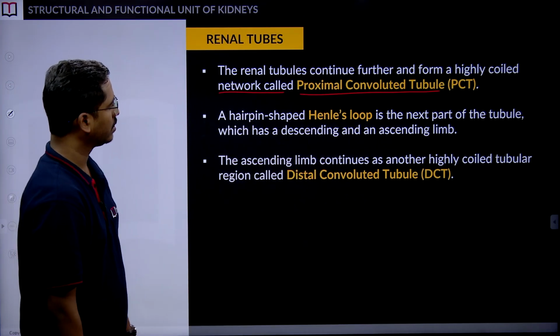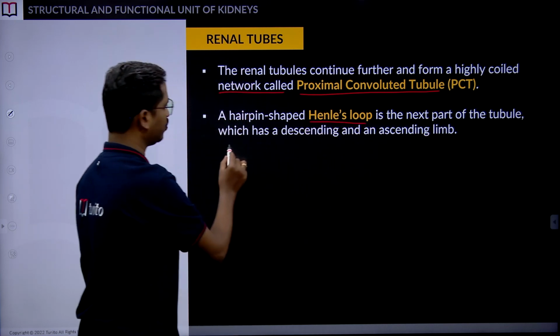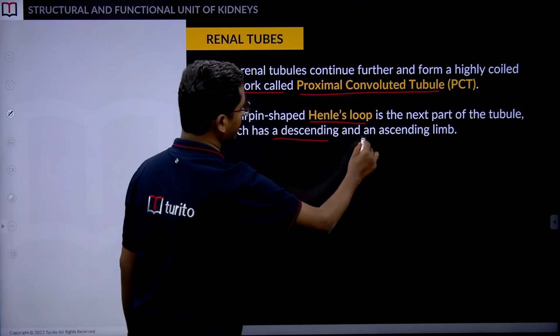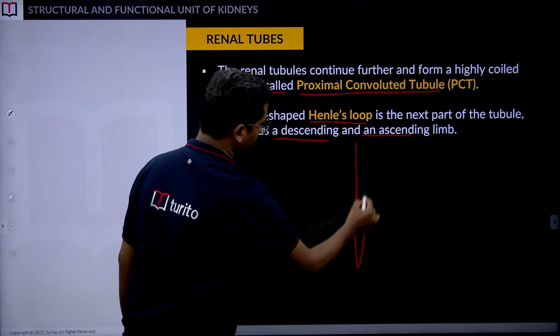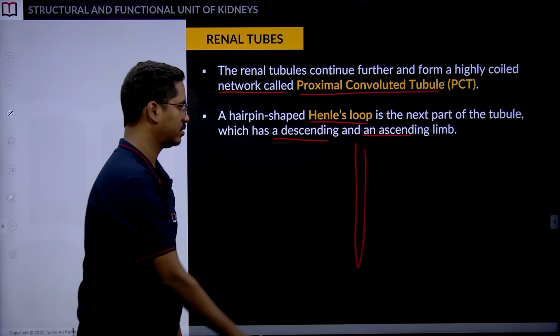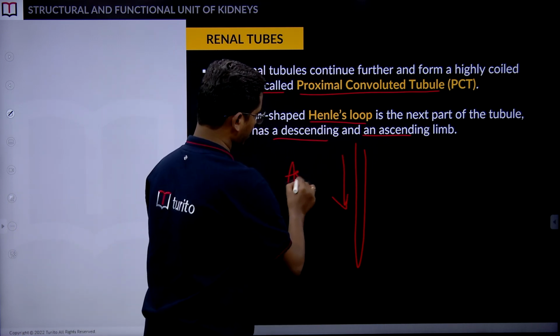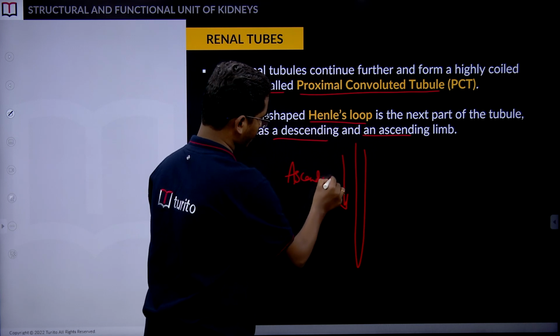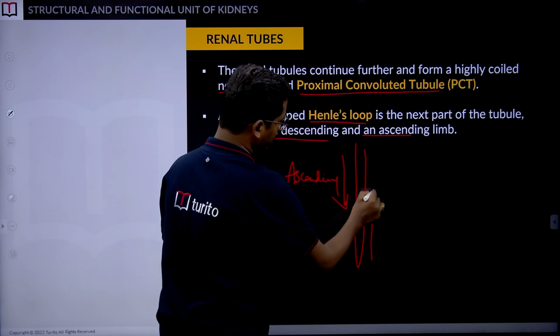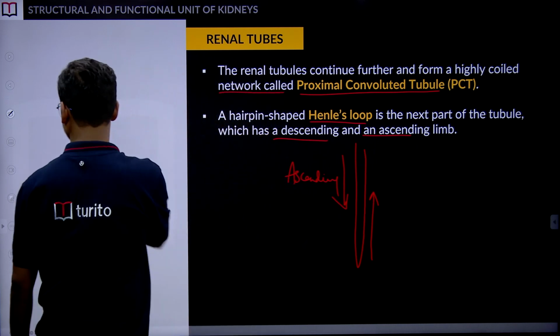Then a hairpin shaped Henle's loop is the next part of the tubule, which has a descending and an ascending limb, that is, there is a structure like this. So, here this first loop which is going down, okay, and there is another loop which is coming up.